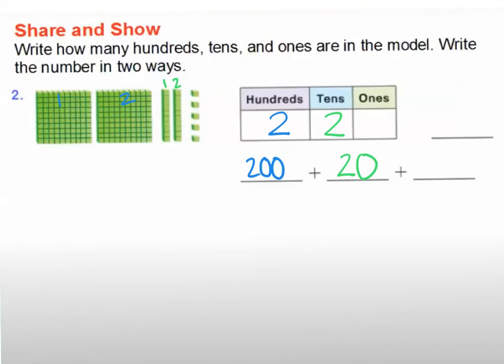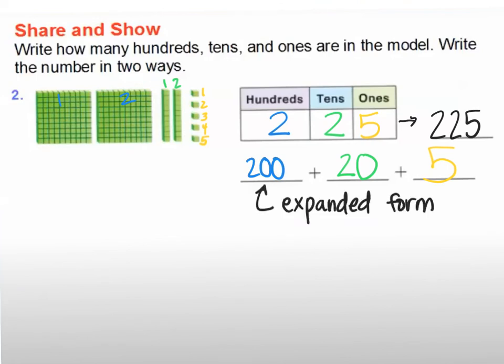And last, our ones blocks. 1, 2, 3, 4, 5. 5 ones blocks. So if we put this number together, we get 225. And in expanded form, that is 200 plus 20 plus 5.